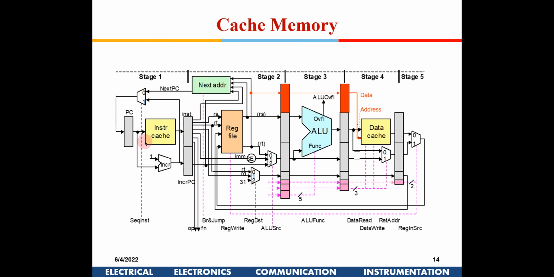Similarly, if the same instruction is being called again, that instruction is already available in the cache memory, so you can take it from the cache memory instead of from the main memory. So these kinds of cache memories help in speeding up the overall microprocessor functions.